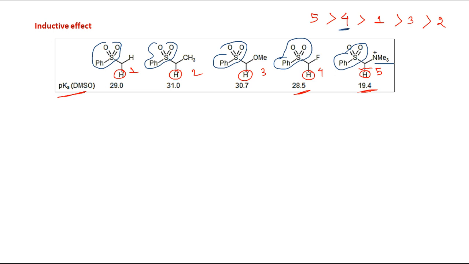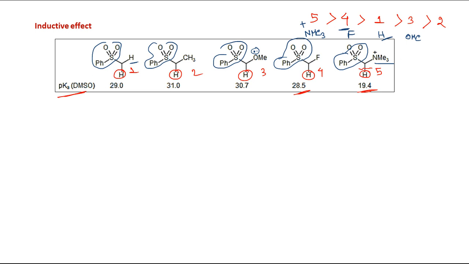Then for species 4, we have F. These are the substituents that differ in these species. In case of 1, we have H. For 3, we have OMe. Now OMe, because of the lone pair on oxygen, will show a resonance effect, so compared to the H substituent, 3 comes next after 1.